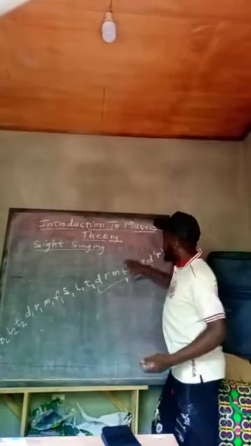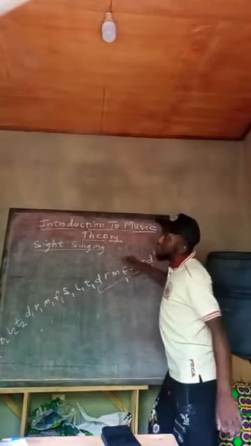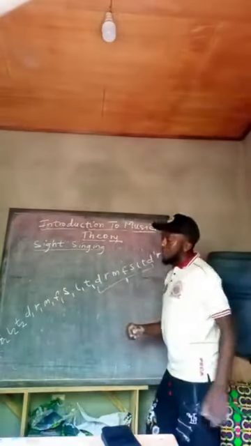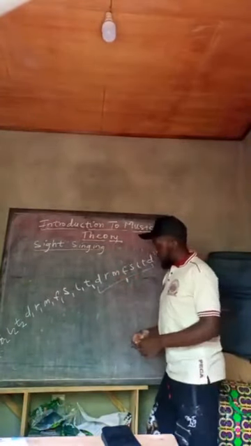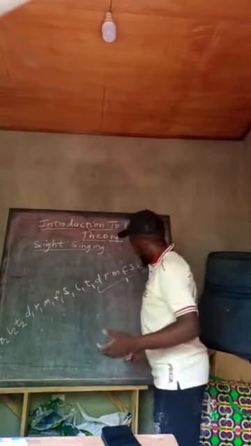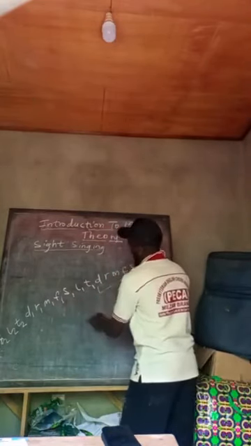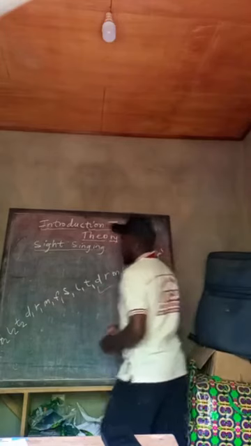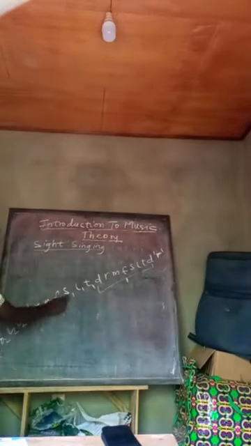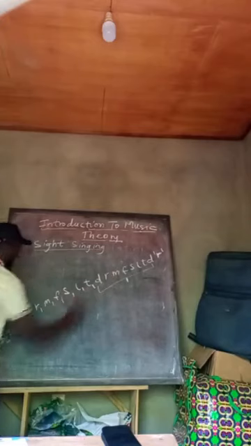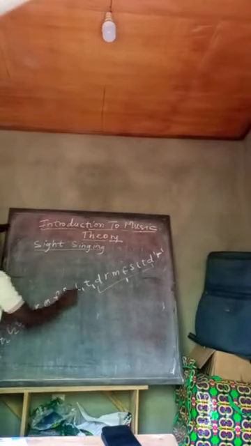So from eight notes, 8 tones form an octave. No matter where you start, from here to here is an octave. From fa to fa is an octave. La to la is an octave. That's why you say 1, 2, 3, 4, 5, 6, 7, 8, 1 octave.